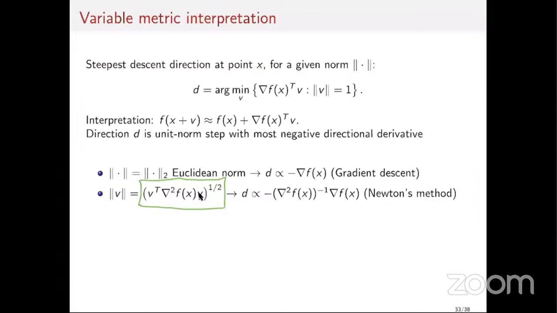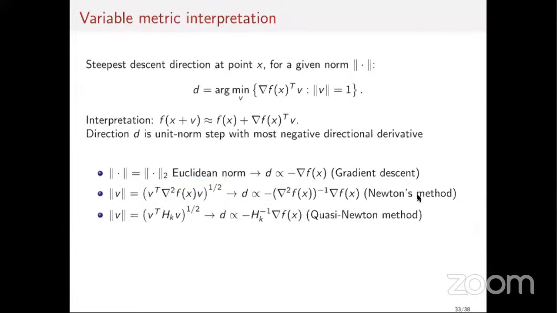Note that the metric depends on the location x. That's why it's called the variable metric interpretation. If you use this notion of metric, then the direction of steepest descent is given by this formula, and this coincides with the direction that we choose in Newton's method. I'm not doing the calculations, but this is what you get. These are fairly simple calculations, all based on Cauchy-Schwarz.